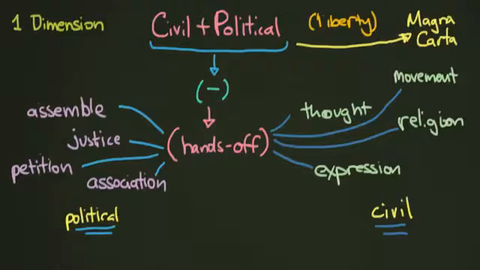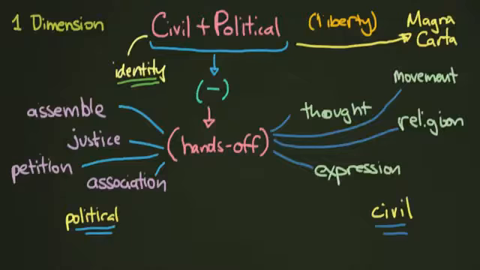Really important to understand is that these rights have to do with your identity. So they're saying that just because you are a person with black skin or purple skin, or because you're a man or a woman or anything like that, any way that you can divide your identity, just because you are that thing doesn't mean that you can't have all of these rights that we're talking about here.